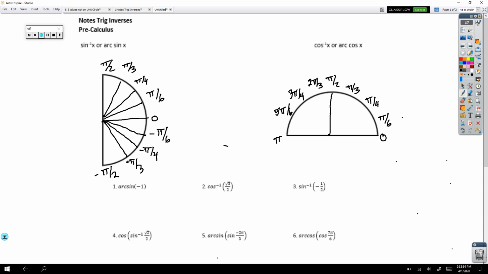So, depending on whether I'm finding the inverse of sine or the inverse of cosine, depends on which half circle I'm going to look at. So, let's look at some examples here.